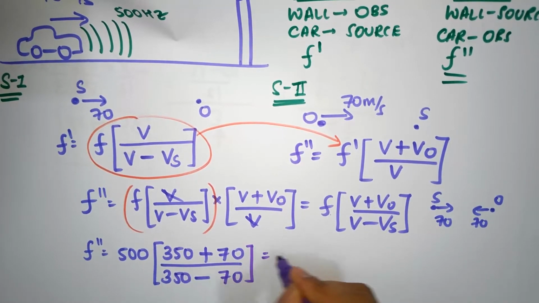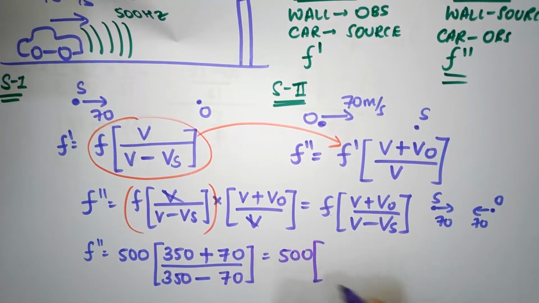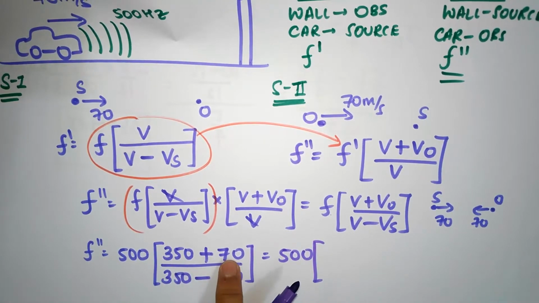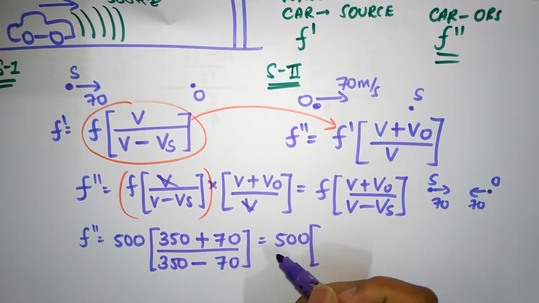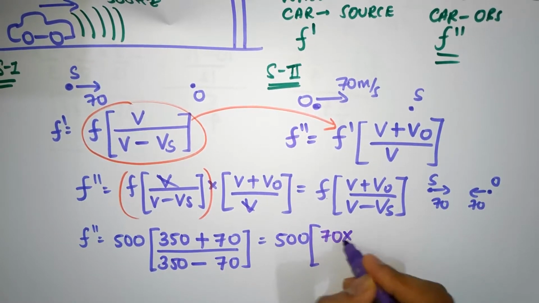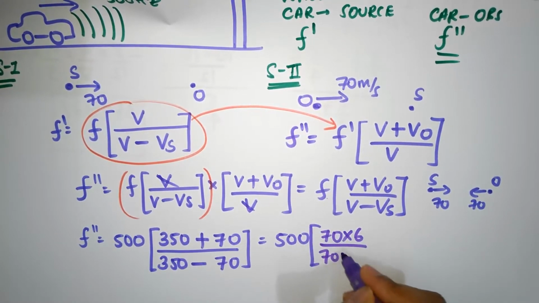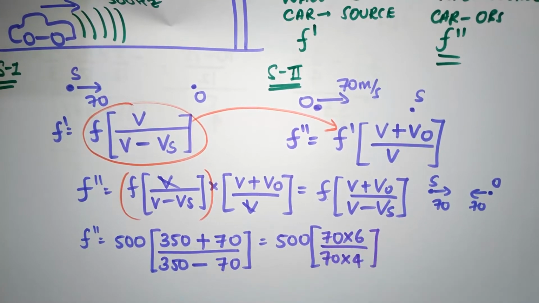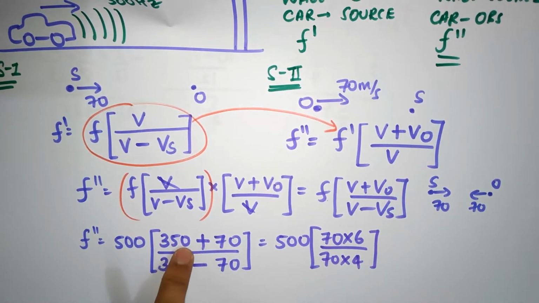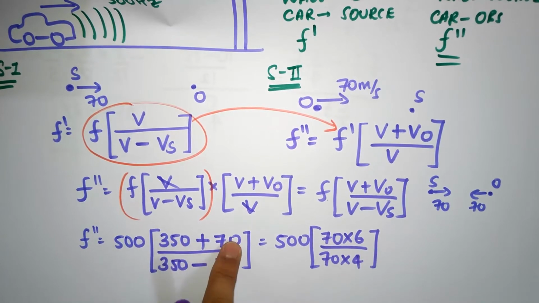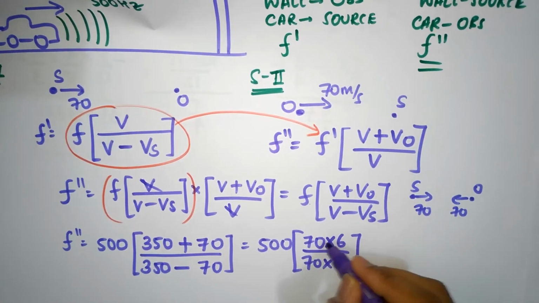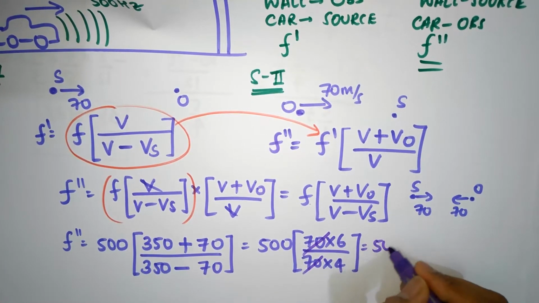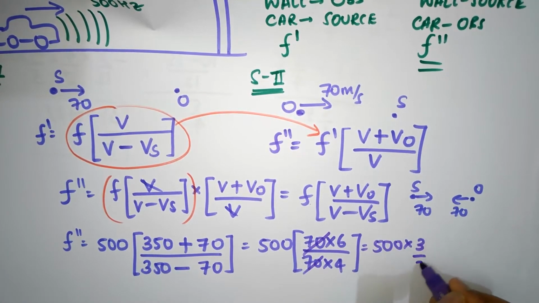So that's 500 times 350 plus 70. Notice 70 goes 5 times, so 350 is 70 times 5. Plus 70 gives 70 times 6, and 70 times 5 minus 70 gives 70 times 4. So 70 cancels, and I get 500 into 3 by 2.